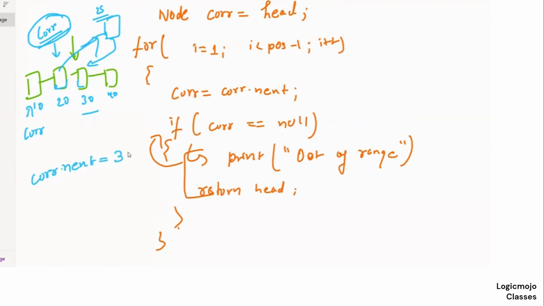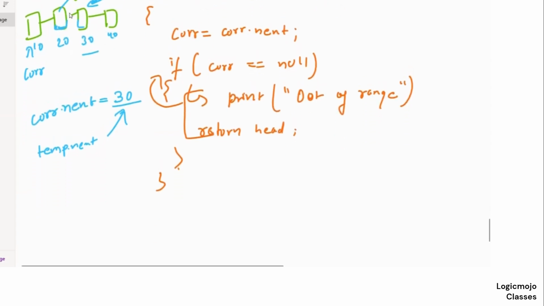This current.next is pointing to 30, and this is the current. Initially this temp is 25 and temp.next is pointing to null. We want temp.next to point to 30. That's all, it will be included. This should point to this. And we want current, which was pointing here, to now point to the new temp value. This is the idea.